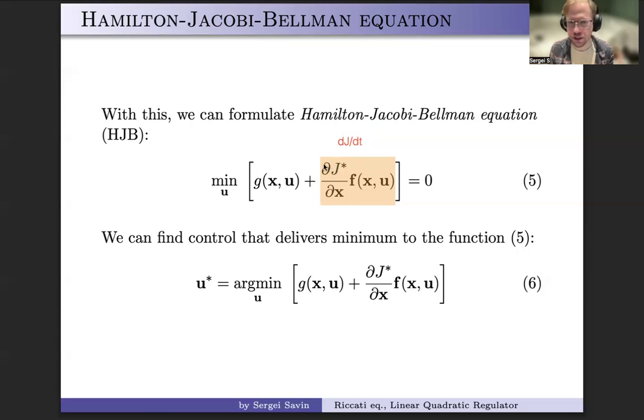It is dJ/dx, and this f is dx/dt. So at the very least, this is equal to dJ/dx times dx/dt. Something like a chain rule is being applied here.